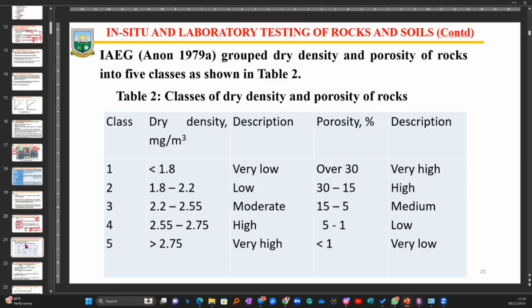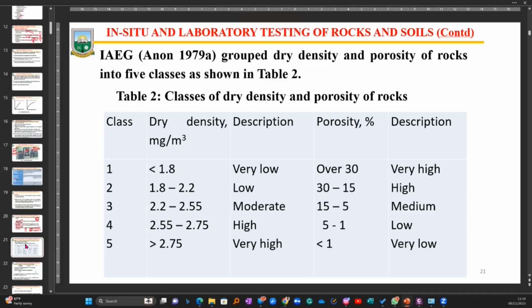Porosity is a parameter highly sought after when you are working in the oil industry, because if your rock is porous, the probability of it having more space to absorb oil is high.